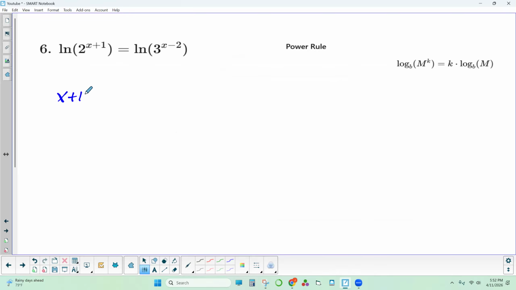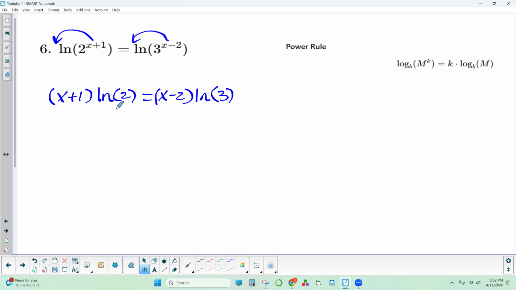So that's exactly what I'm going to do. I'm going to take this and move it out in front of the log, just like that. So that's going to be x plus 1 times natural log of 2 equals x minus 2 times the natural log of 3. Okay? Now, we've got to isolate x here.